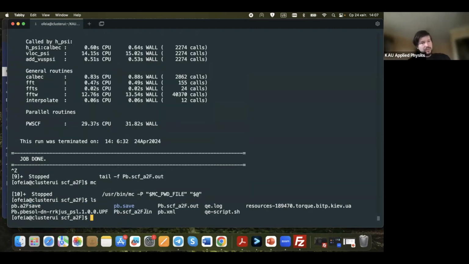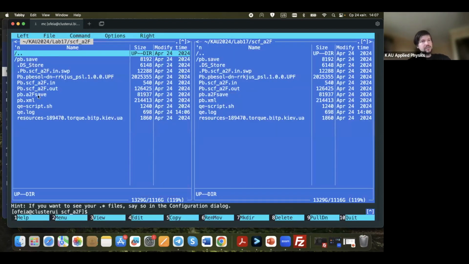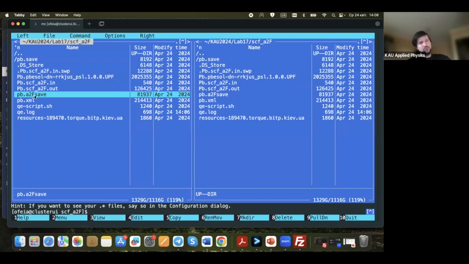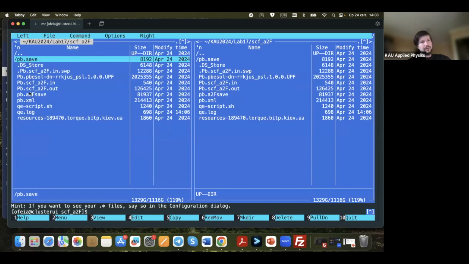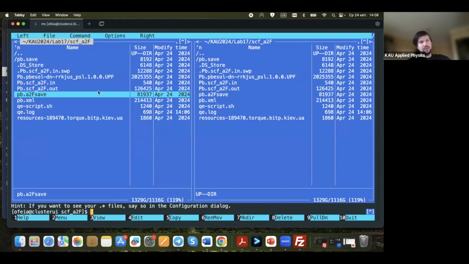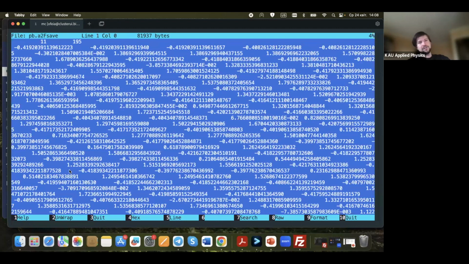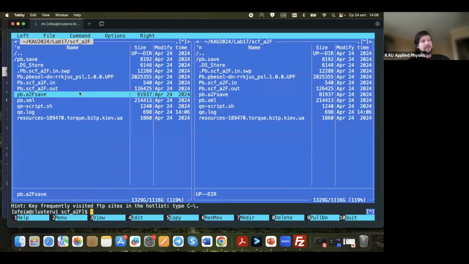And here we see this file, pb a2F save. So we have just our common folder pb save, but also we have this spectral function save. It's slightly crazy, this file, but we don't need to read it.